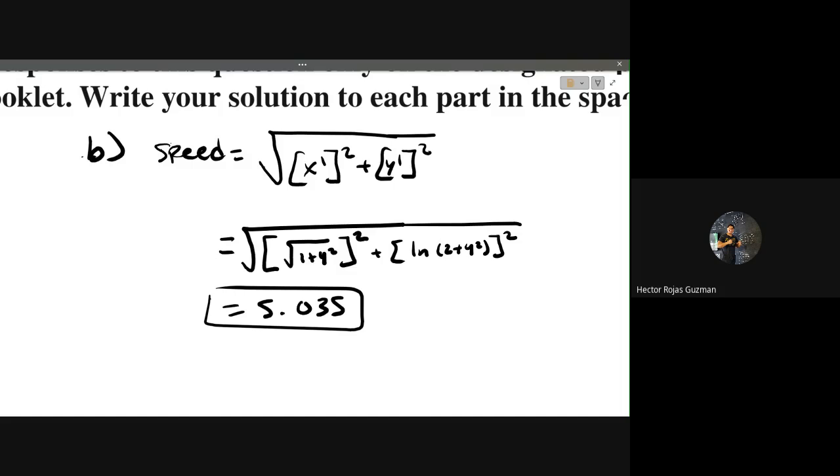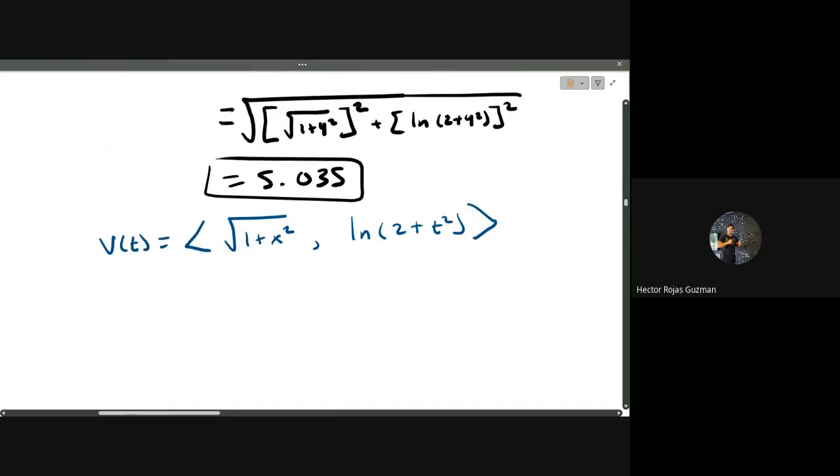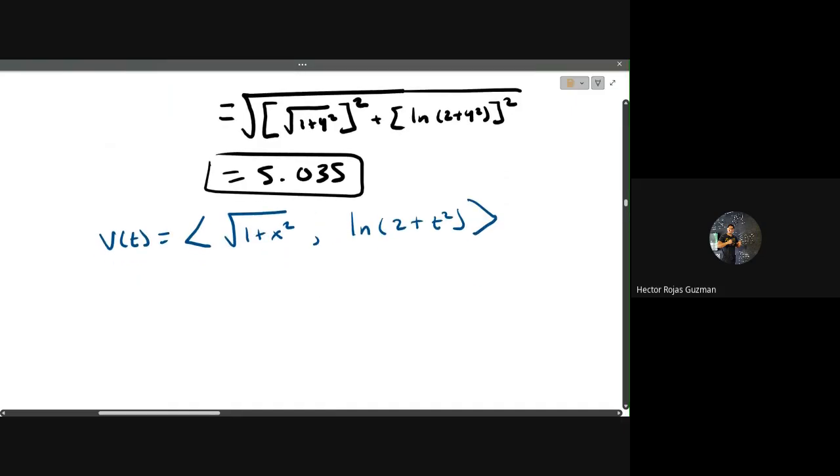It says find the acceleration vector. Find the acceleration vector at t equals 4. So if the velocity vector is just the regular equations, all you've got to do is take the derivative individually.